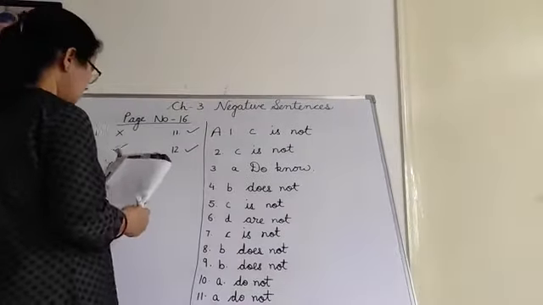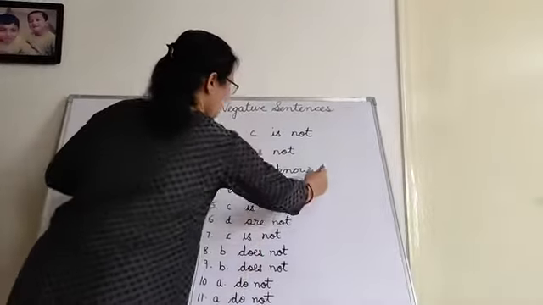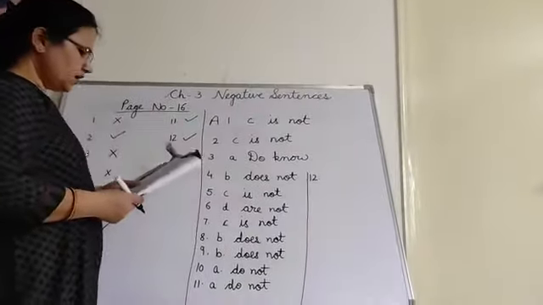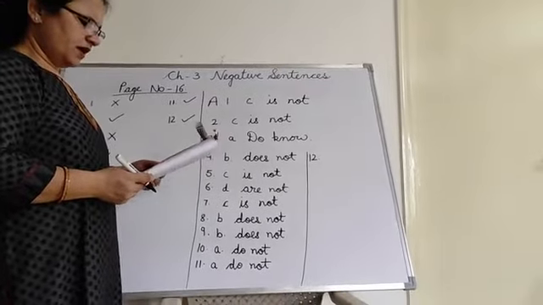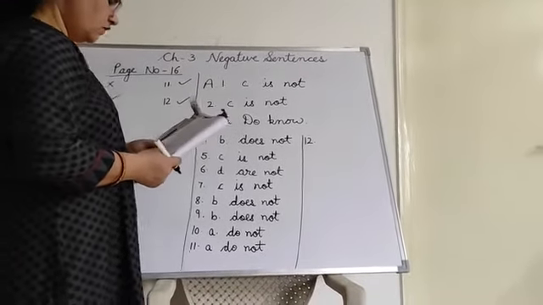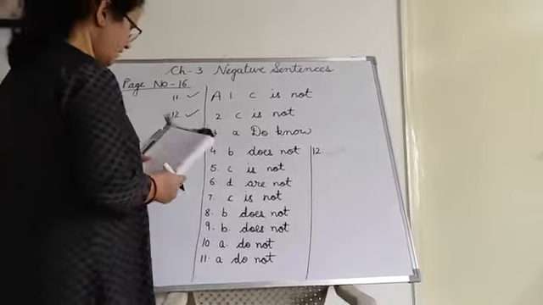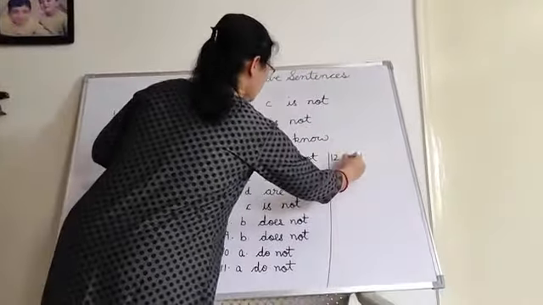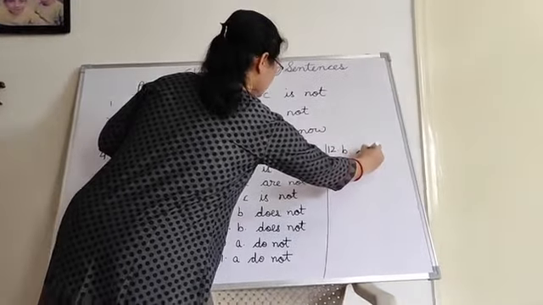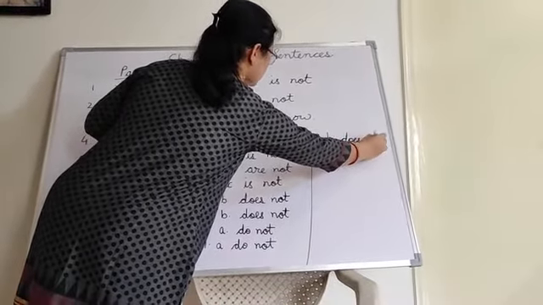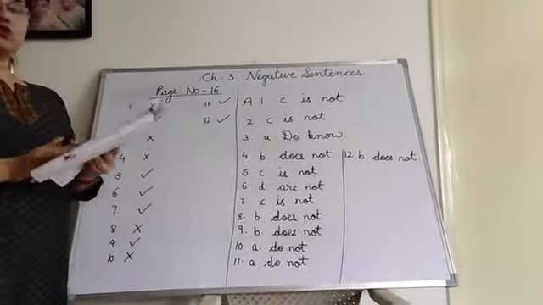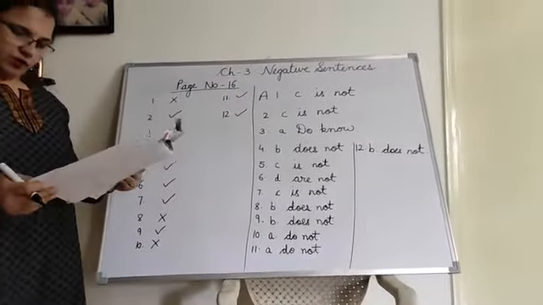Do not. Now 12th one, I am writing here 12th part. Water dash have any color. So water does not have any color. So B option is correct. Does not. So students, fill these two exercises in your book itself.